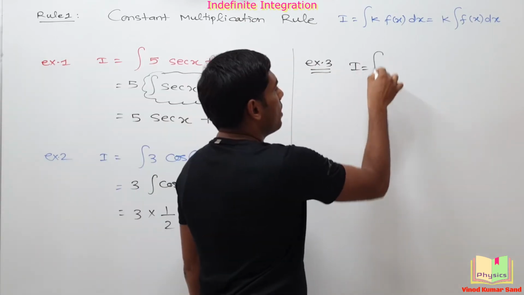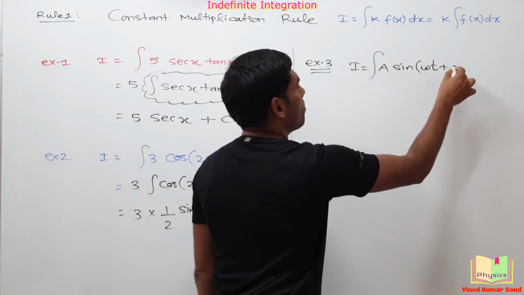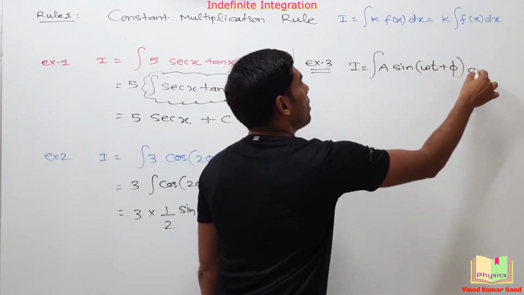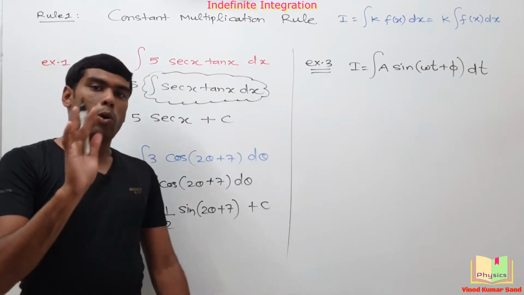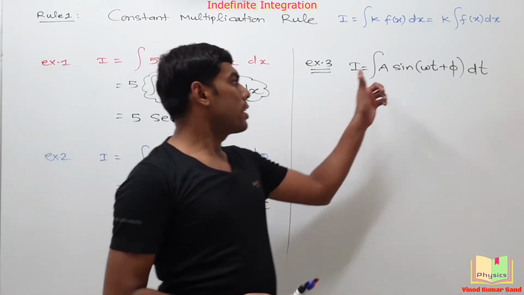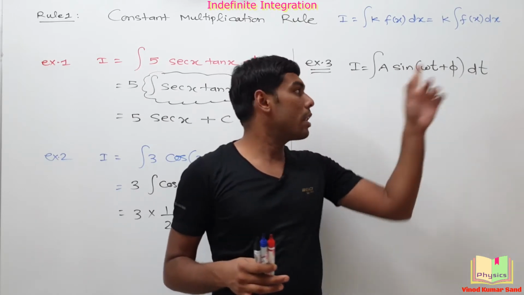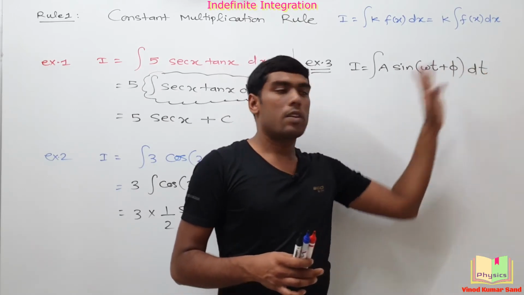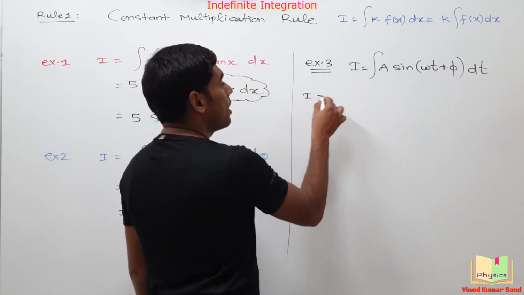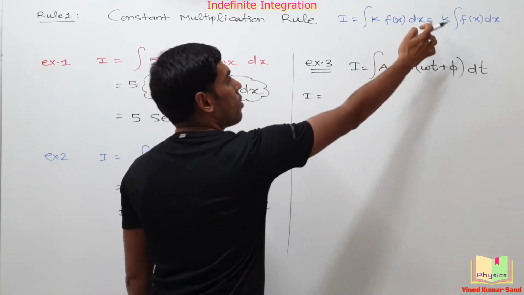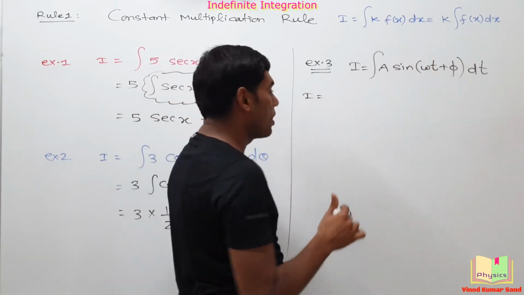You have to integrate A sine (omega t plus phi) with respect to the variable t. Pause here and give it a try. Here A, omega and phi, they are constants. Only variable is t. Let's simplify this. A is a constant and constant is in multiplication with the function, so I am taking it outside of the integration.